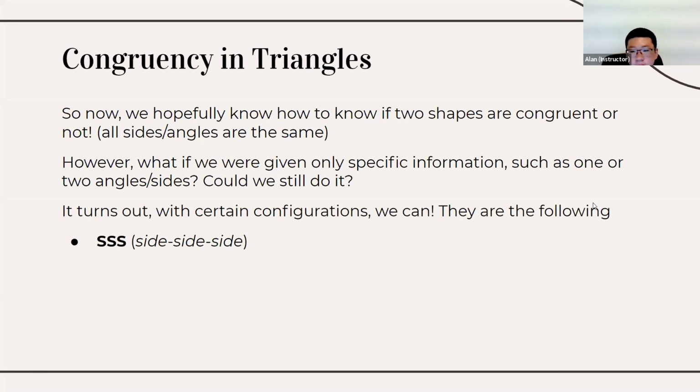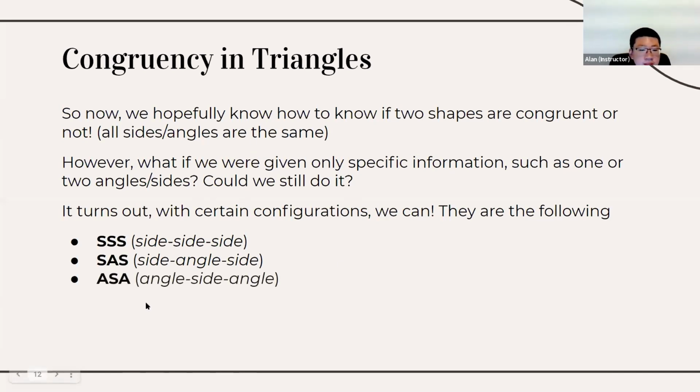These are some combinations of information where you can determine if two triangles are congruent. If they give you all three sides, we call that side, side, side, or SSS. If you have a side, an angle, and a side, that's SAS. The important thing to note here is that the angle has to be between the two sides. That's why it's SAS, because ASS or SSA are different things, and they're not good enough to determine if two triangles are congruent.